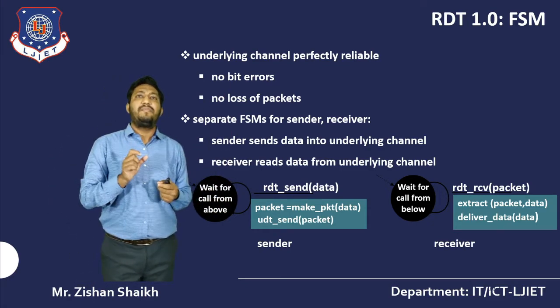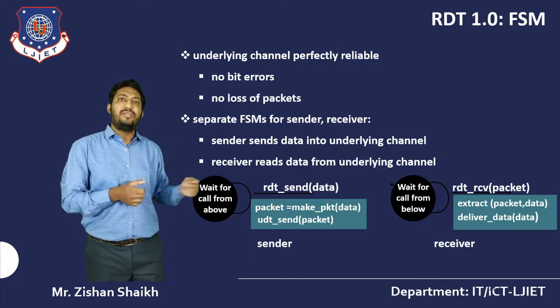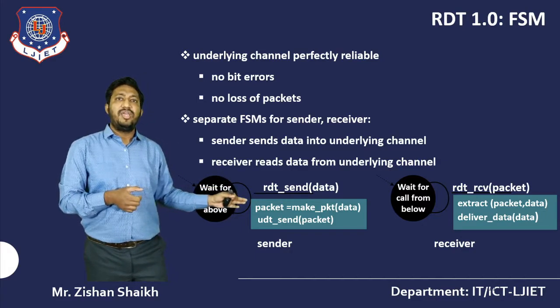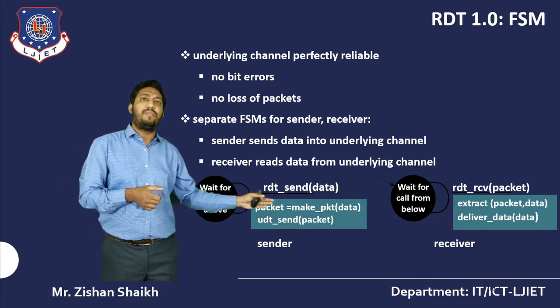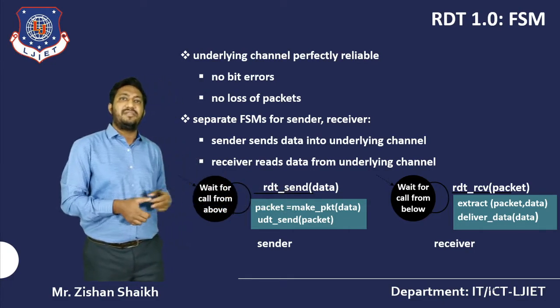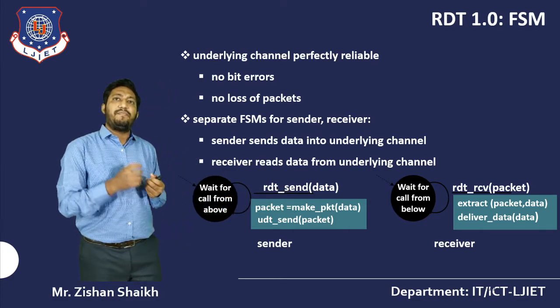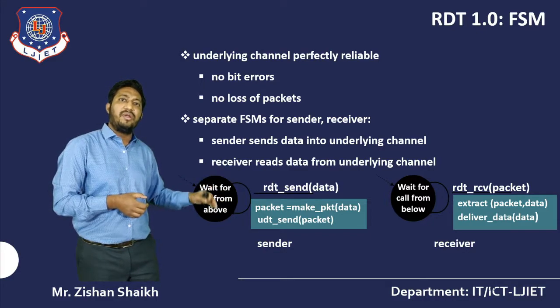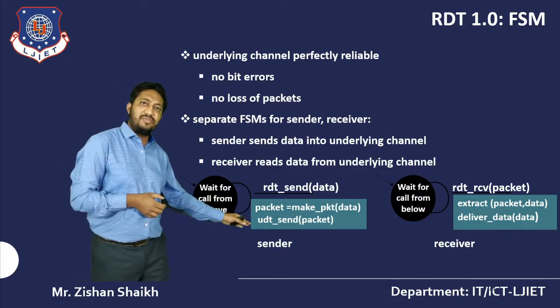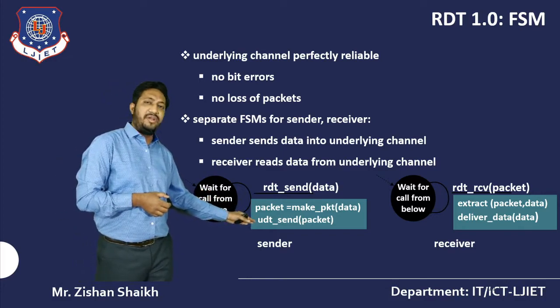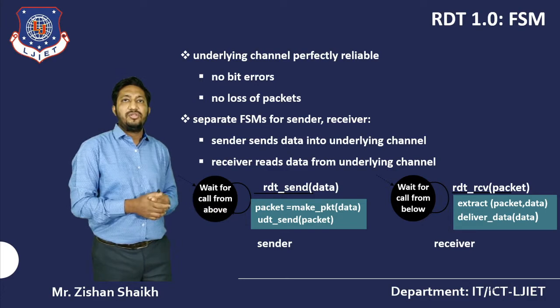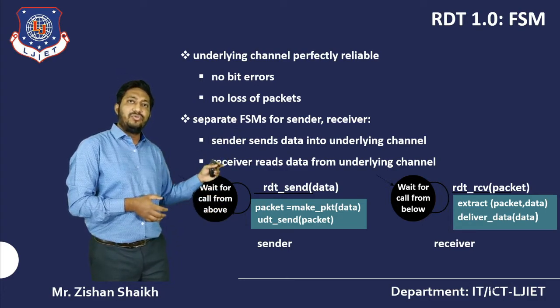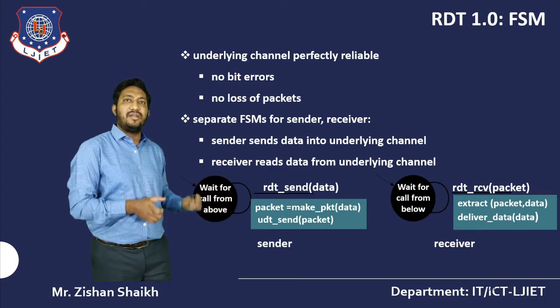One packet is made by our transport layer using make_packet, in whose parameter we pass the data. After processing the data into a packet, we send it to our underlying channel using our second method, the udt_send method. So at the sender side, using these terms, we are sending the data.